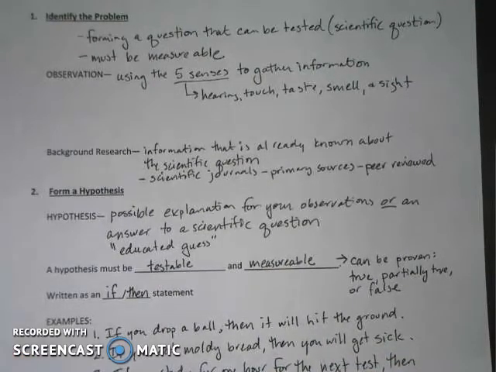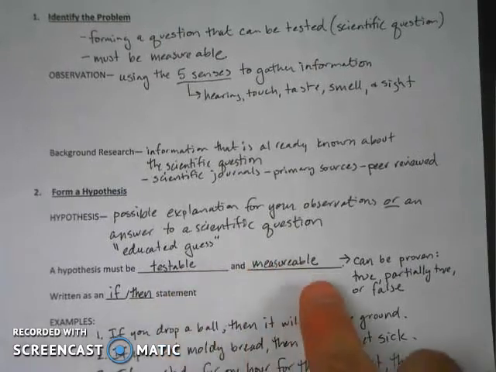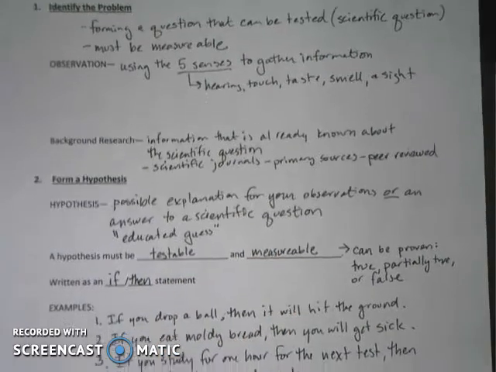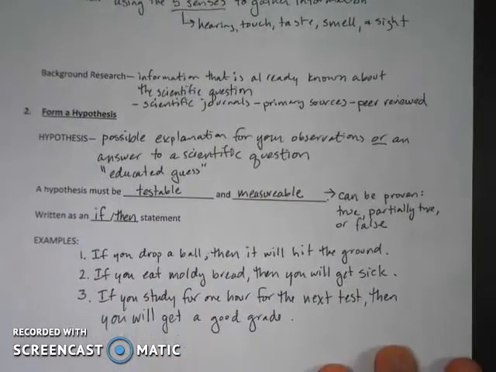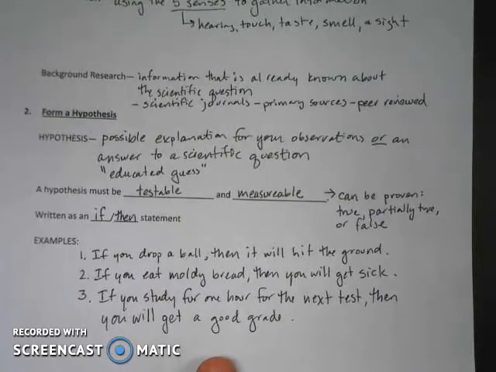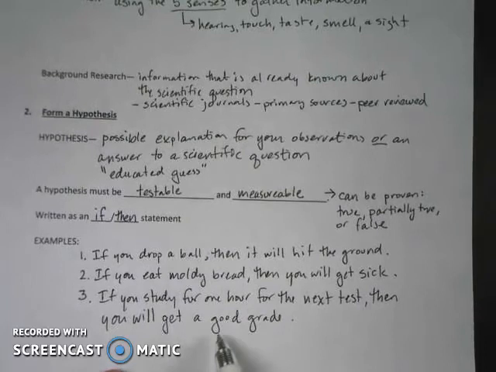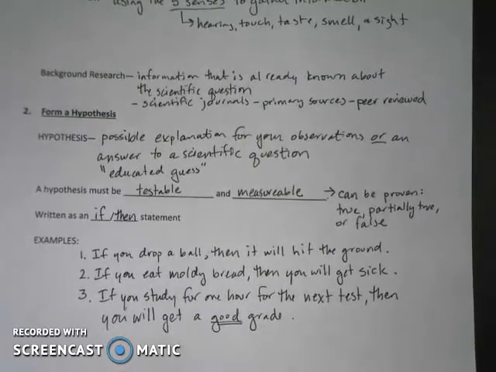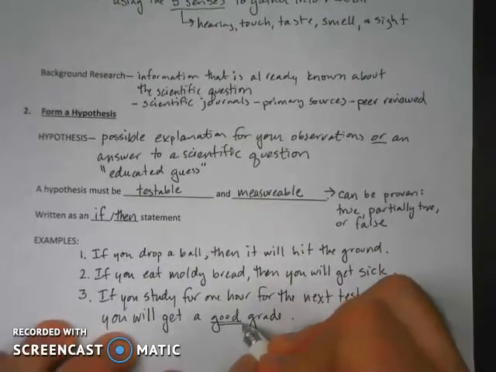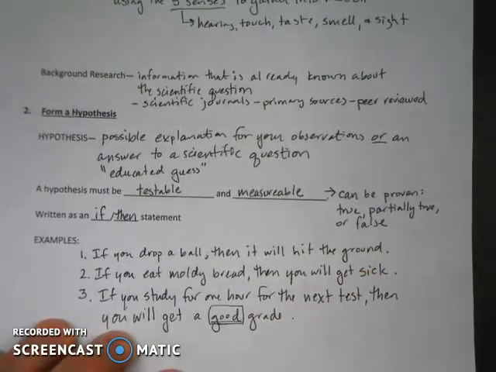So you could do this. It's testable, it's measurable, but with this, it's not the best statement because good to me might be different than good to you. So we would have to fix this part of it to make it better.